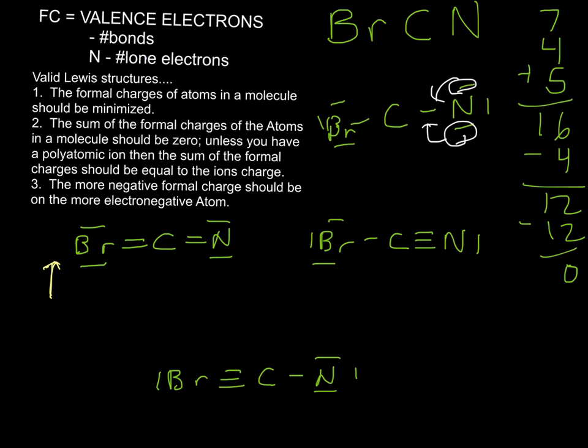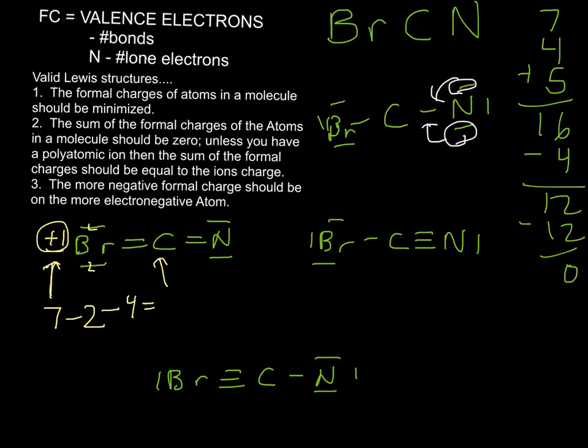This Lewis structure right here, we've got bromine. Bromine's in group 7A, so it has 7 valence electrons. It's participating in 2 bonds. It has 4 lone electrons, 2, 4. So in this structure, it has a formal charge of +1. Then we've got carbon over here.